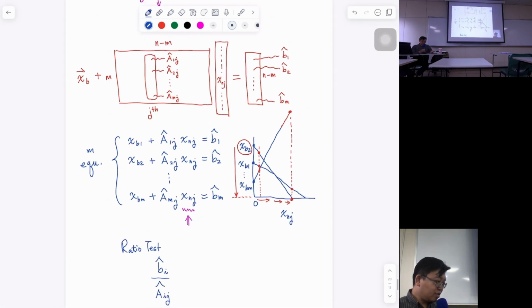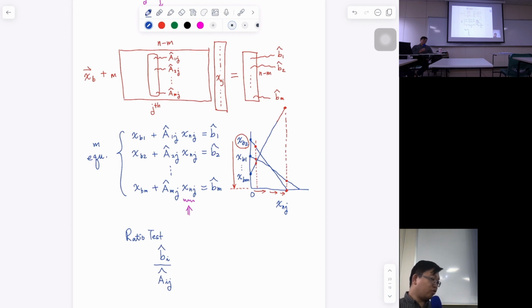There are many of them, so we're going to check those for all i's, and you will end up with a bunch of values.